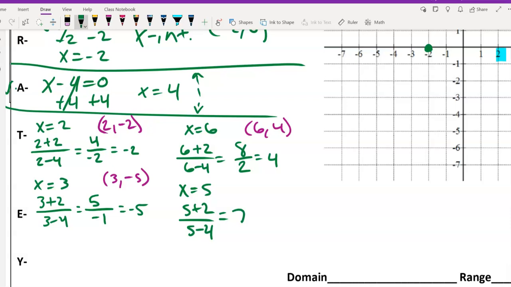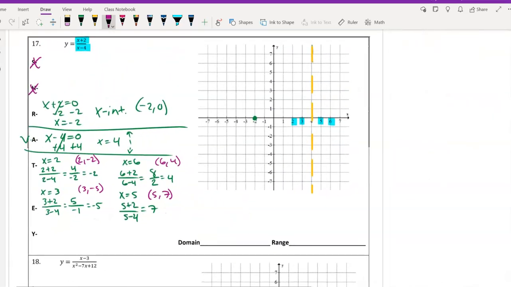So that's a little bit easier if you're struggling with the calculations. Our point here is 5, comma 7. Now let's go plot these points. We have 2, negative 2. 3, negative 5. 6, 4. And 5, 7.